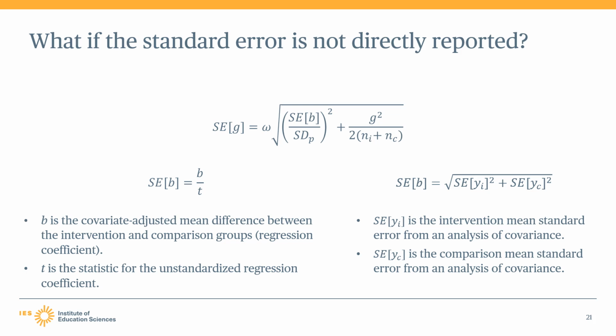Studies using analysis of covariance, or ANCOVA, also may report the intervention mean standard error, or SEYI, and the comparison mean standard error, shown here as SEYC. If this is the case, the WWC can calculate the standard error of the mean difference as shown here.